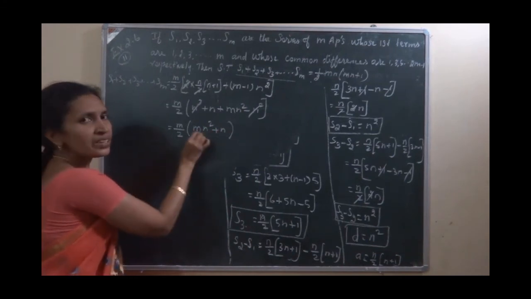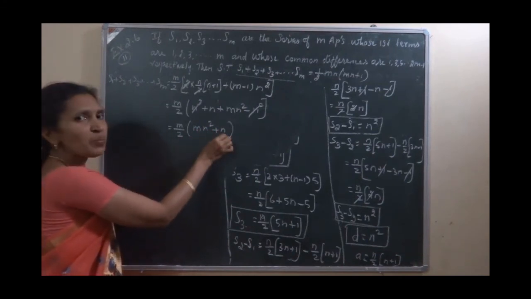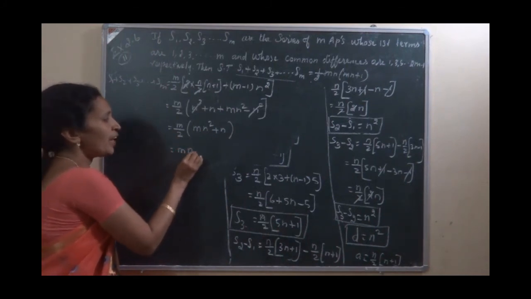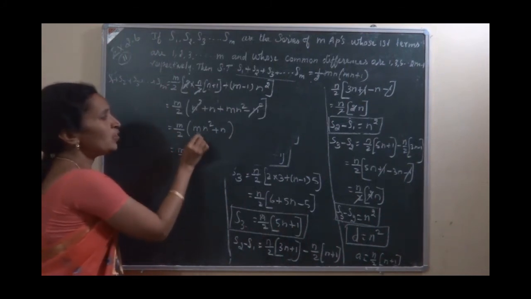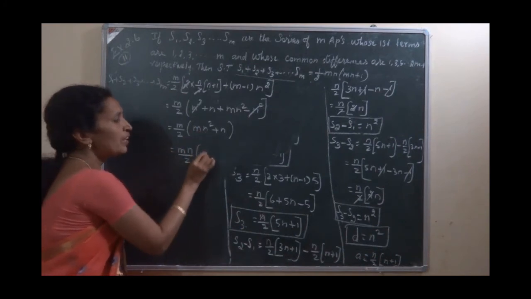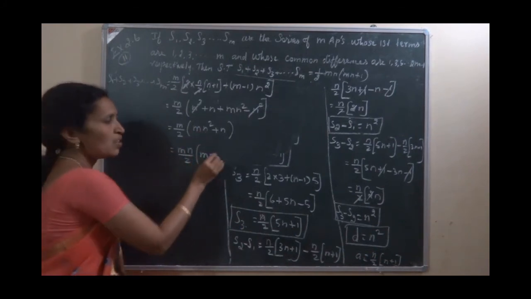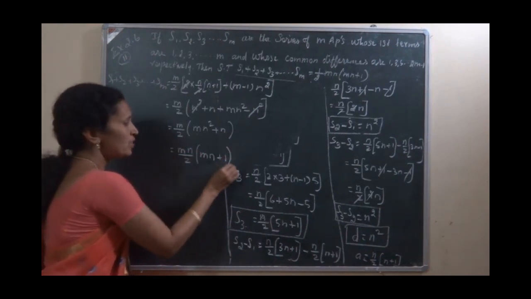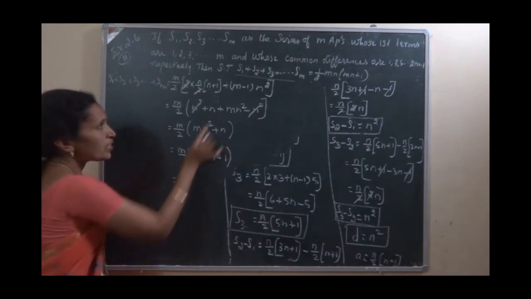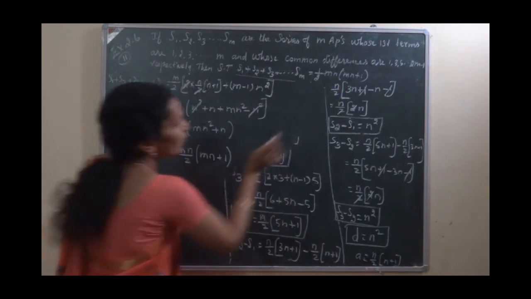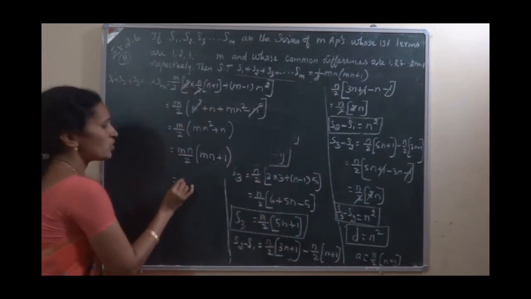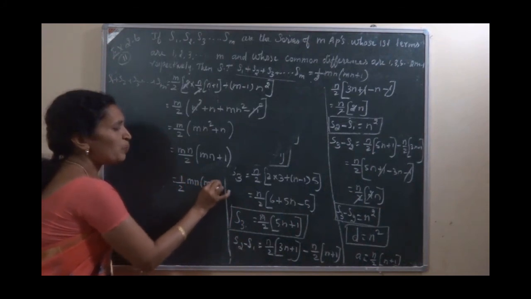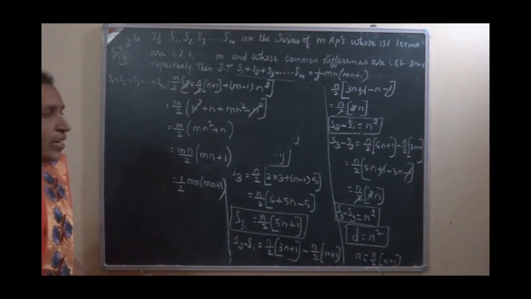Here in these two terms n is common, so I can take n outside. m by 2 into n left, plus 1. So this is equal to, you have to show, 1 by 2 into mn plus 1. So you should write 1 by 2 into mn plus 1. Clear, students?